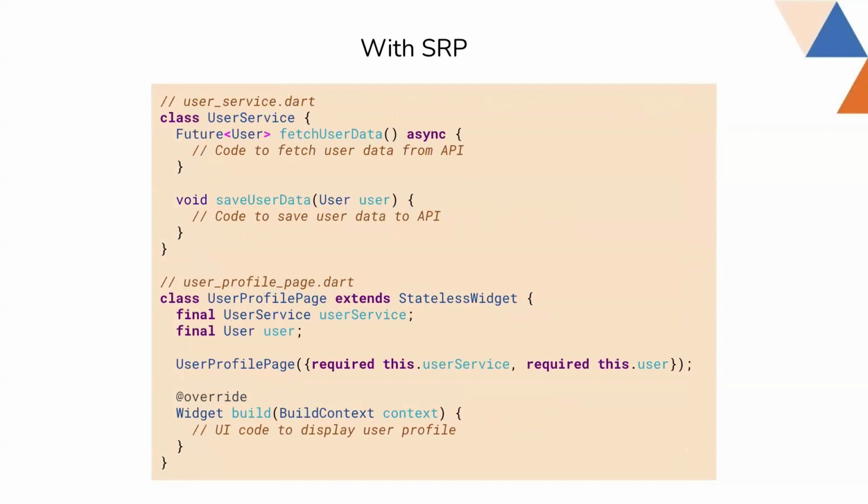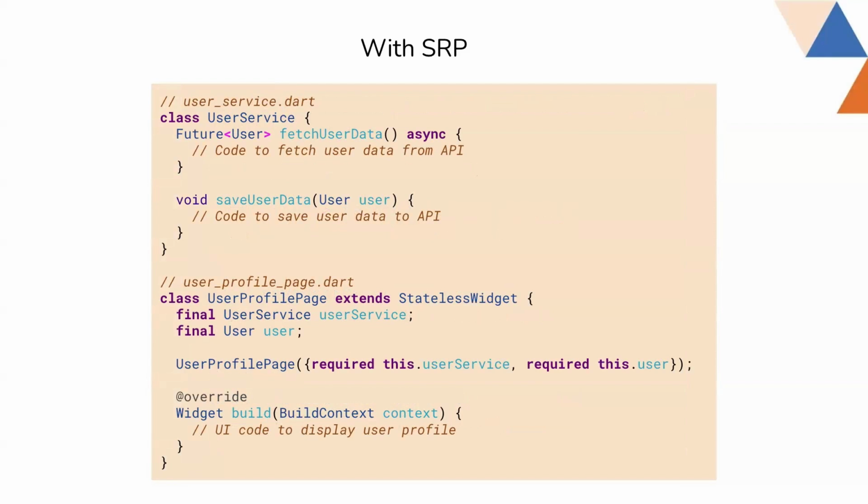Now we separate out a class named user service and add two separate functions that handle the data towards the API. The fetch user data and save user data functions fetch the data from the API and also save the data, and these two methods are inside the separate class, user service.